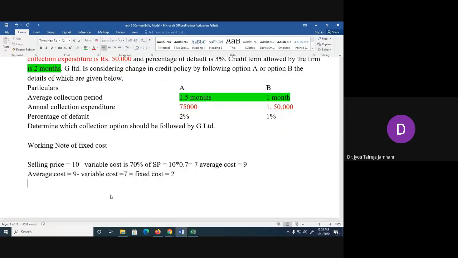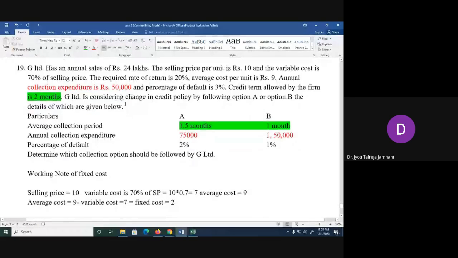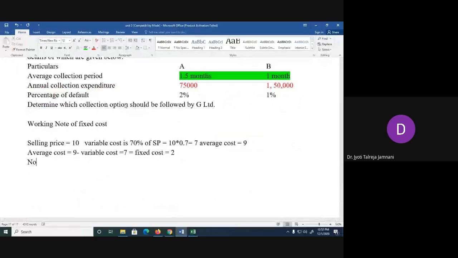Now we don't know the number of units here, because they have just said the annual sales is rupees 24 lakhs. So we have to find the number of units. Annual sales is 24 lakhs divided by selling price per unit, which is 10 rupees.